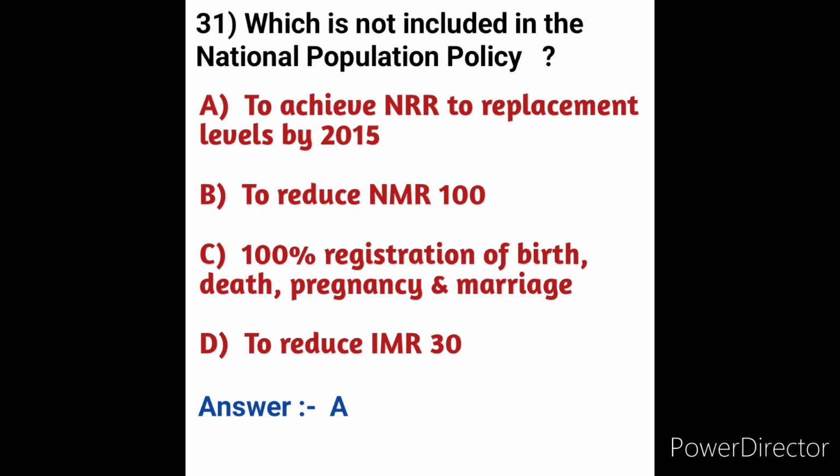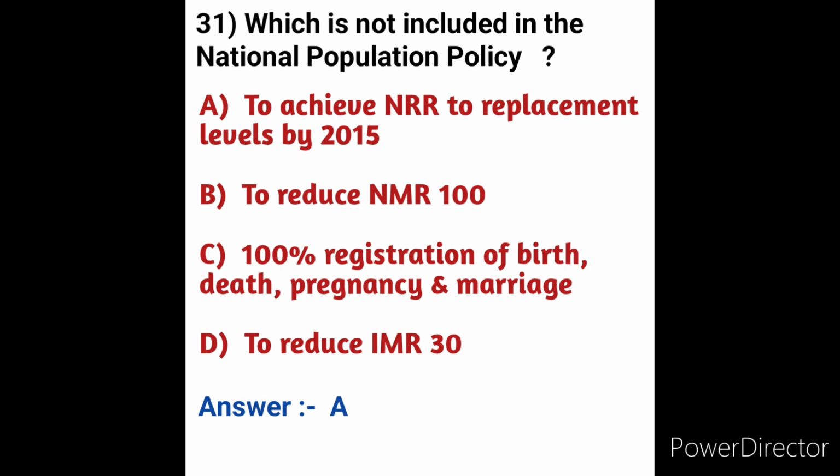Here, which is not included? NMR means neonatal mortality rate. What is IMR? Infant mortality rate. Not included in the National Population Policy is option A, to achieve the NRR to replacement levels by 2015.